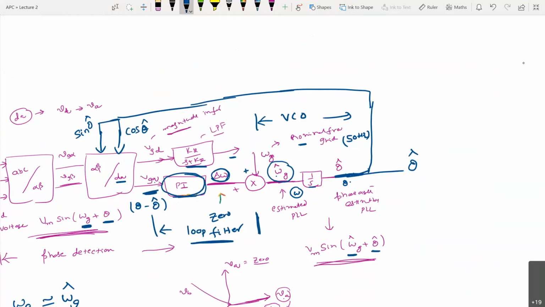So this is the basic three-phase synchronous reference frame theory based PLL. Generally there is no change in the phase detection. In most cases, to improve the performance of the phase lock loop, they normally work only on the loop filter.